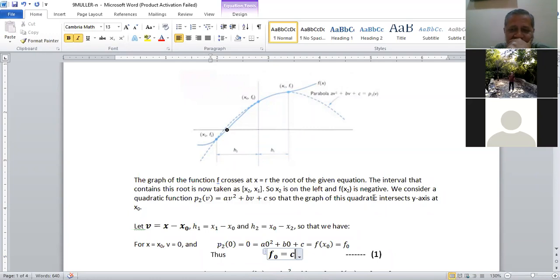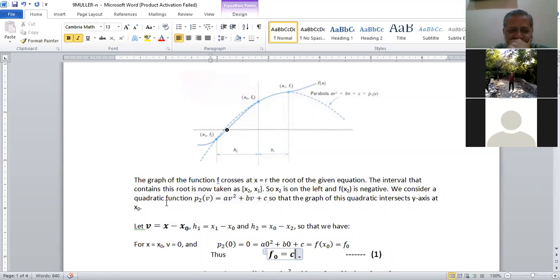And then we consider a parabola P defined as A v squared plus B v plus C, where A, B, C are constants to be determined. And what is v? v is a new variable. That means we'll transform our variable x to v by using this transformation, v = x minus x naught. Now, what is x naught?